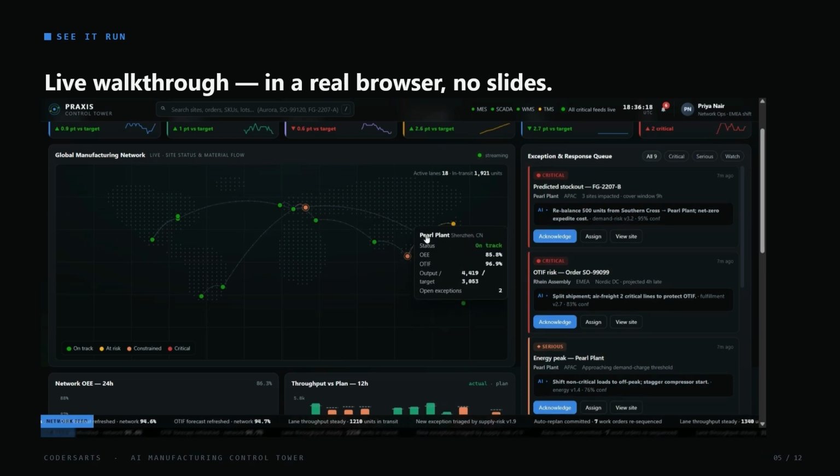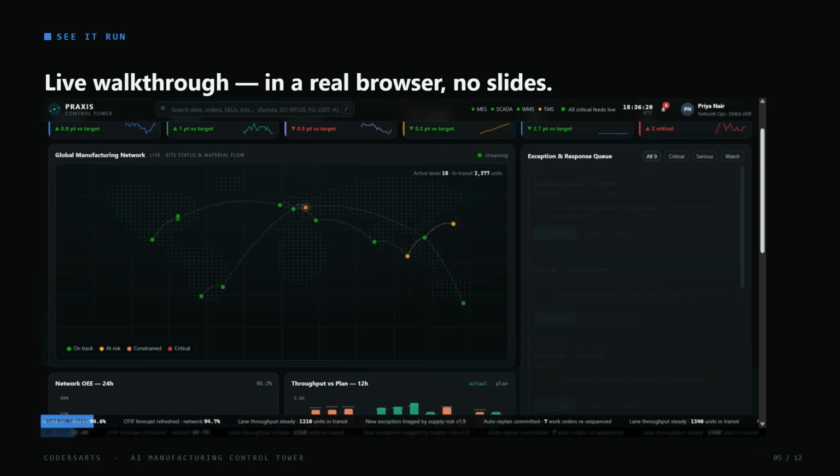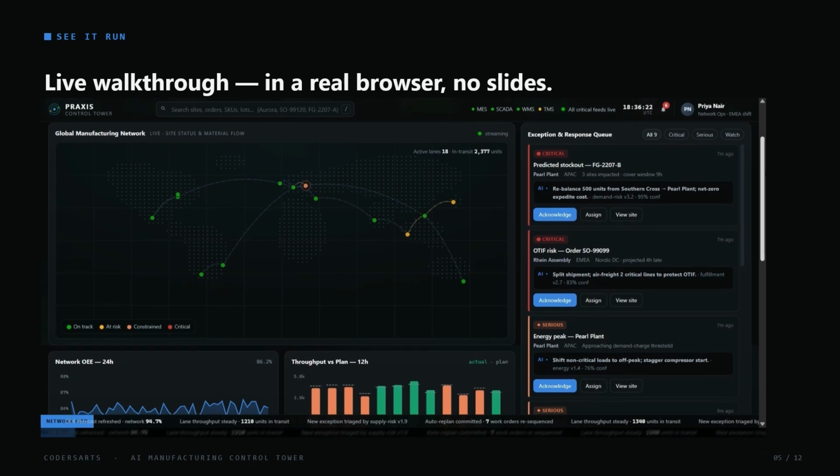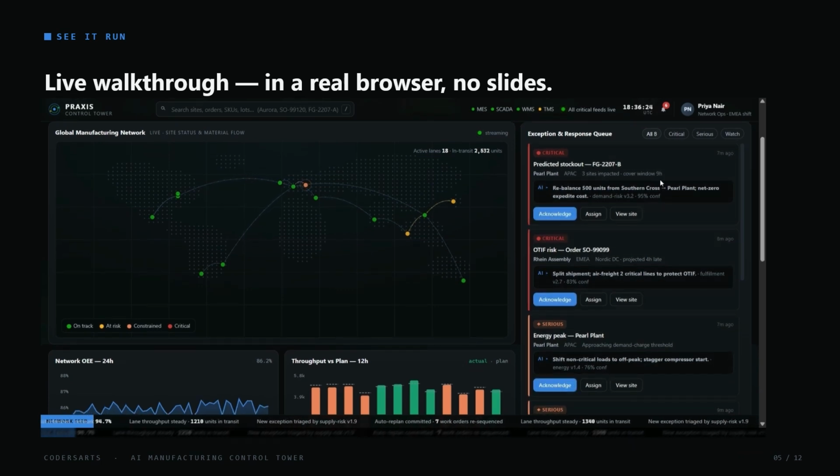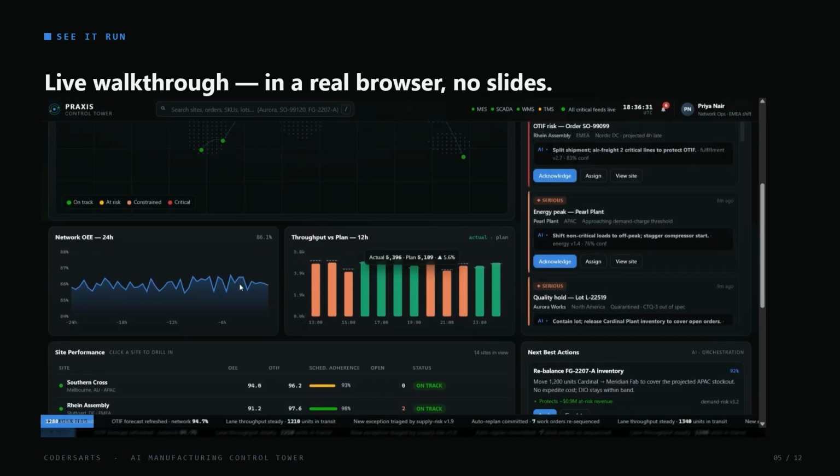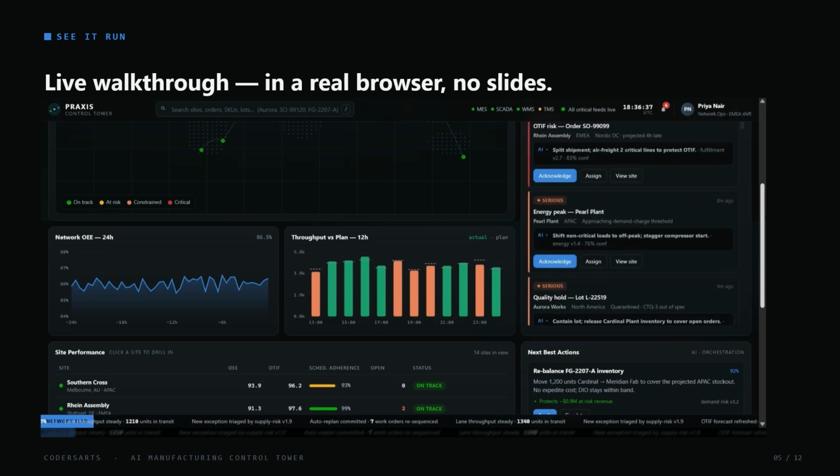Next to that, we have the exception and response queue, where we get all the exception and at-risk issues along with the AI's recommended action, where we can acknowledge, assign or view that particular site. Then we have a 24-hour tracking for OEE and how it's performing in the last 24 hours.